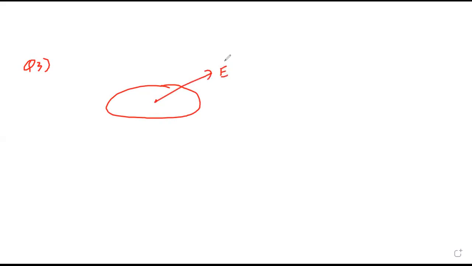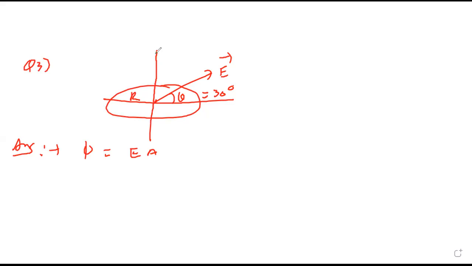This is E bar making angle theta with the plane. Angle is 30 degree. Radius is R. What will be the flux? EA cos of angle. The angle should be between the area vector and the field, correct?